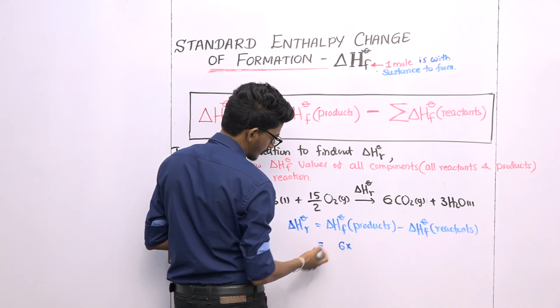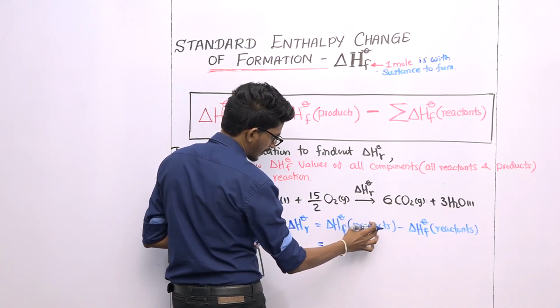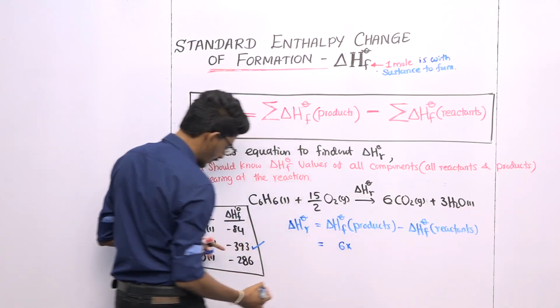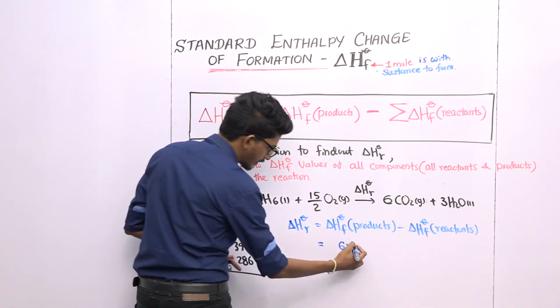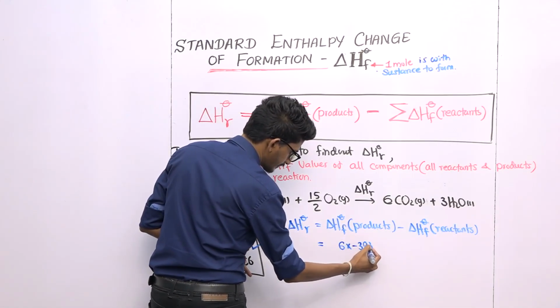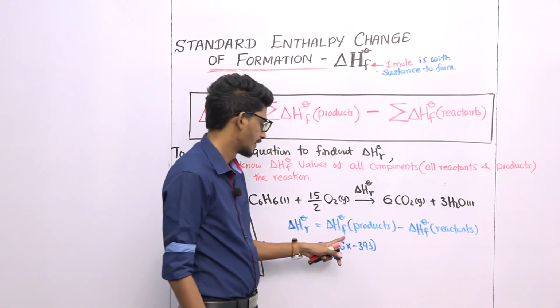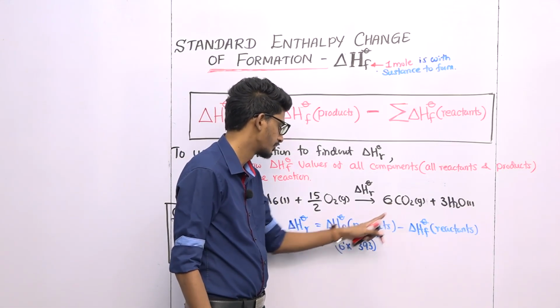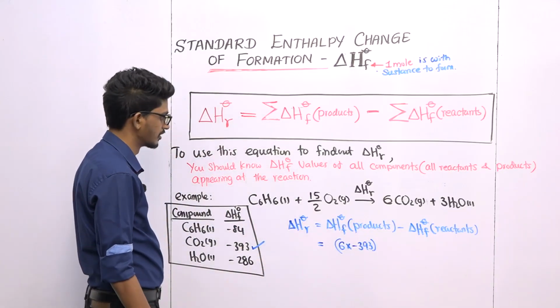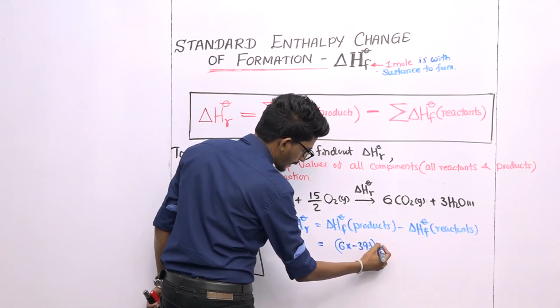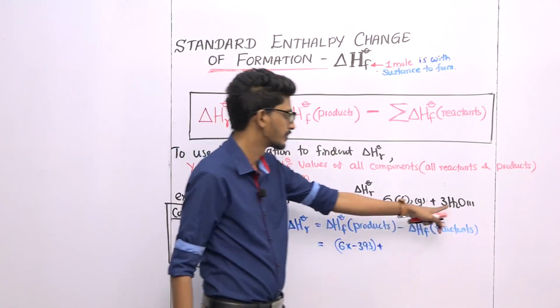It should be written as the delta F for the product side. So CO2's value is minus 393, and this is the delta F value of CO2, with 6 of CO2 in the summation. Plus, what about the H2O?